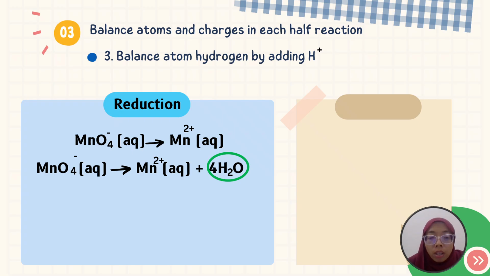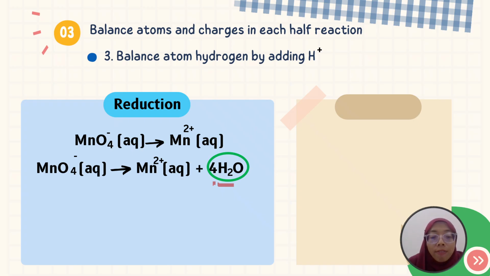Here you must find the number of hydrogen atoms. For the left side there is no hydrogen atom. For the right side, since we added 4 moles of H2O, the hydrogen is 4 times 2, so the total number of hydrogen atoms is 8 for the right side.